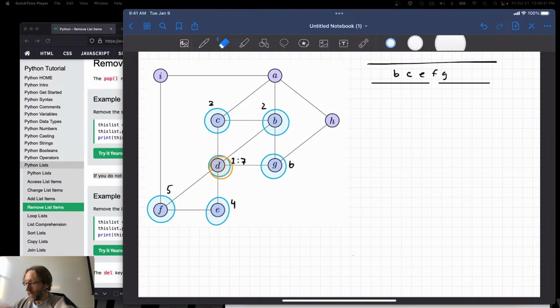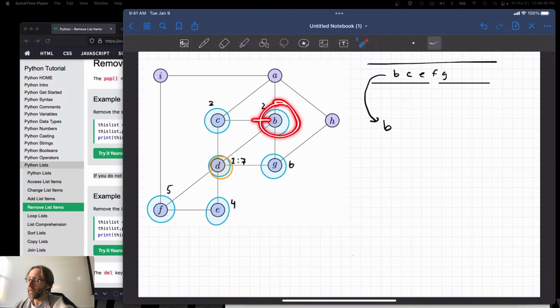So the next thing I do is I dequeue whatever's next here, which is B. And I look at its neighborhood, and I see that there are some gray vertices here, blue vertices that have been visited. That's because they're still in the queue. But I also see some vertices that are processed and done, so I don't want to return to those. But I do see a vertex here, A, that is unvisited.